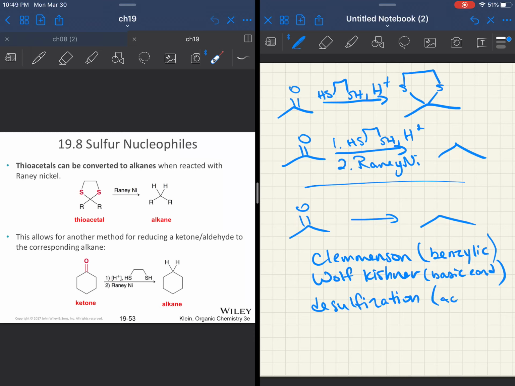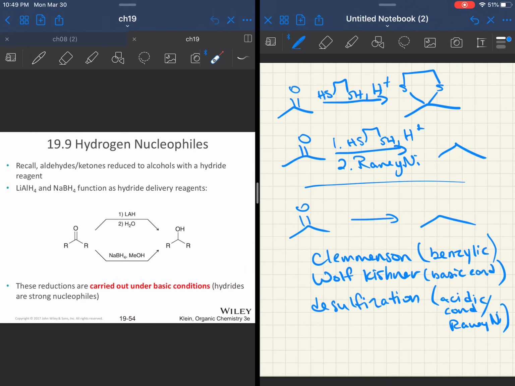And now you have desulfurization, which is done under an acidic condition, and then with Raney nickel. So it gives you options as an organic chemist to have these different reductions that work better in different conditions, because sometimes you've got things that are sensitive on other parts of your molecules, or maybe you just have access to certain chemicals, right? It's just always good to have more tools in your toolbox.